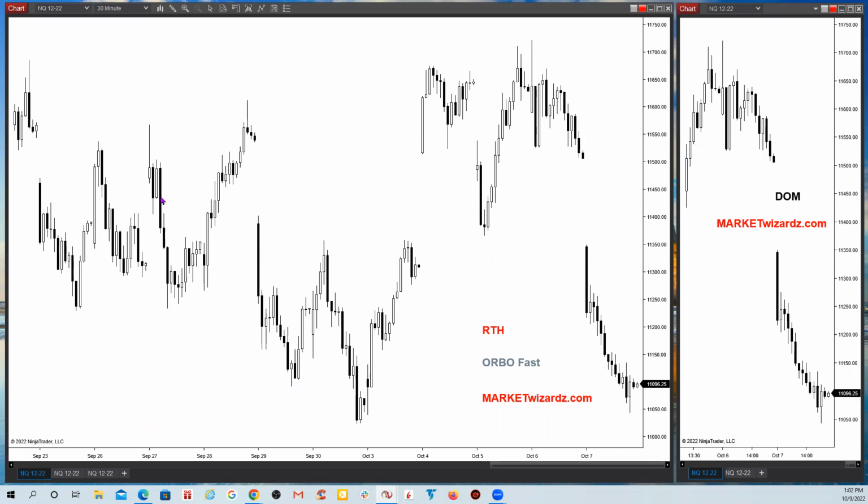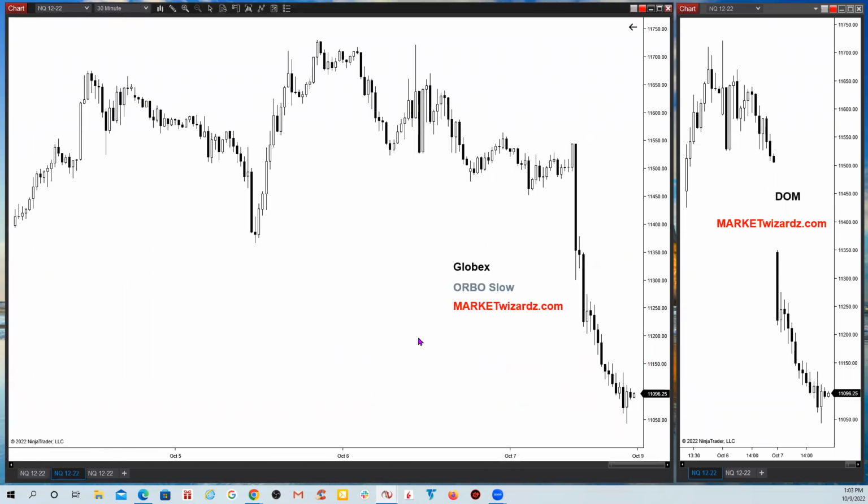So this is where I contain my Orbo. And at the beginning of trading RTH, this is the chart that I am looking at. This is my fast chart, and then I want to confirm that with a slower chart. And this is my Globex, so I'm reading the information continuously from overnight on this chart, and I've got an Orbo set up on that too.